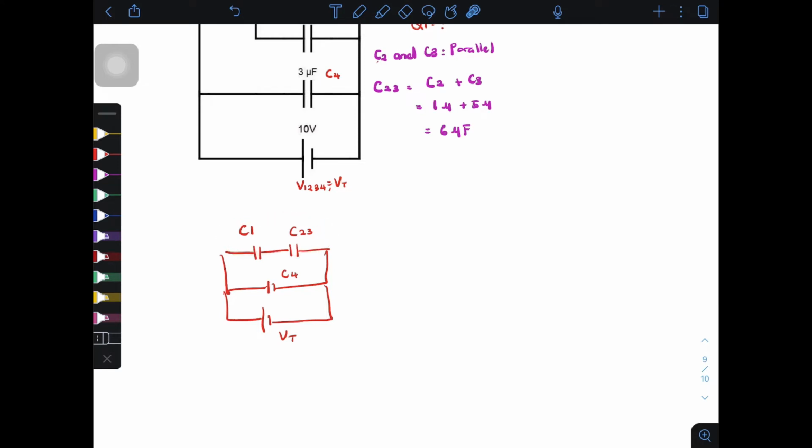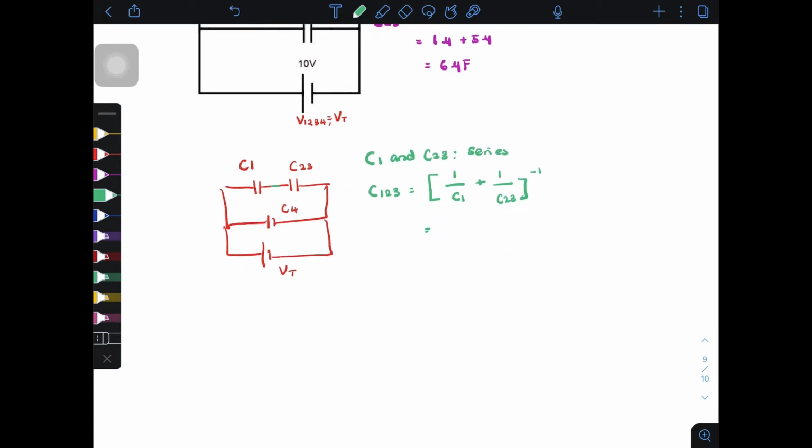Okay, so macam tadi juga kita tulis C1 and C23. Okay, mereka berada dalam keadaan series sebab satu kaki sahaja yang bertemu dengan kapasitor yang sama. So, they are in series. So, kalau series, C123 sama dengan (1 over C1 plus 1 over C23) to the power of negative 1.